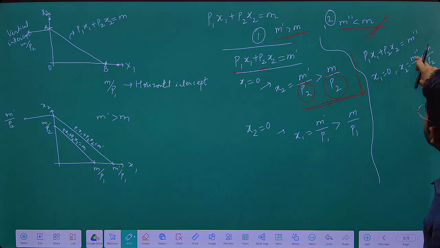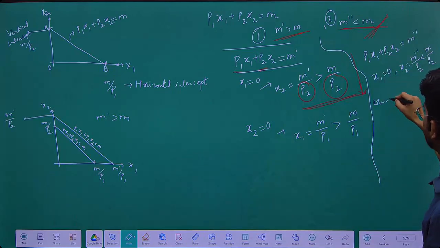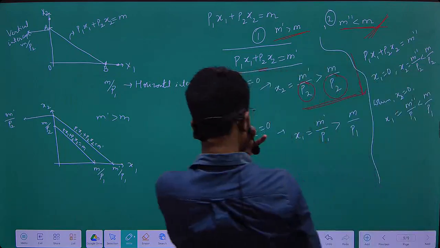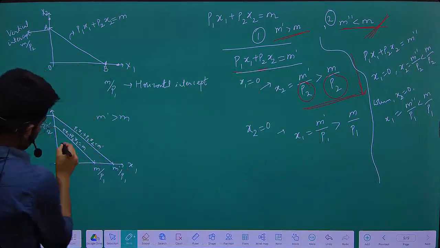Why? Because m double dash is less than m. And similarly, when you have x2 equal to 0, in that case you have x1 equal to m double dash upon p1, which would be less than m upon p1. Okay, so this will give you some points like this.